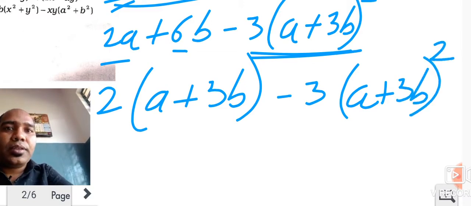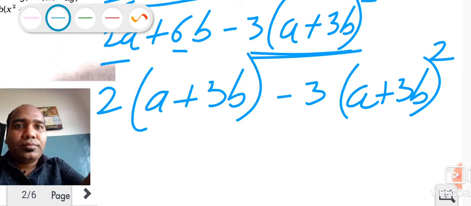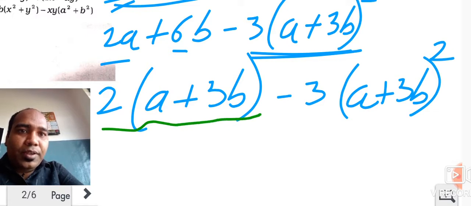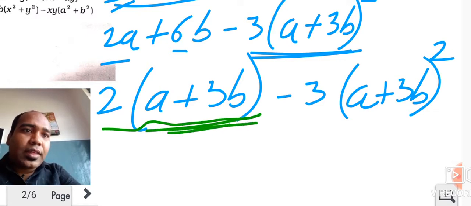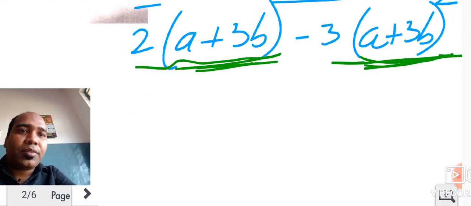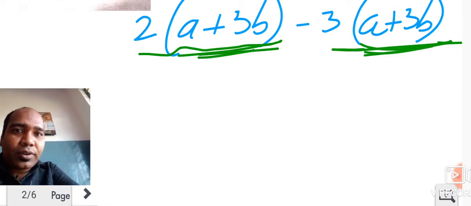Now look here, in this term we are getting a plus 3b, and in this term also a plus 3b whole square. So can we take a plus 3b common or not?